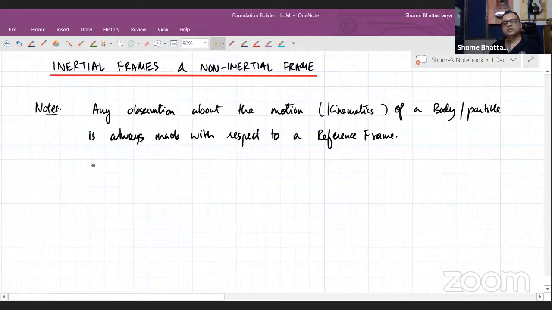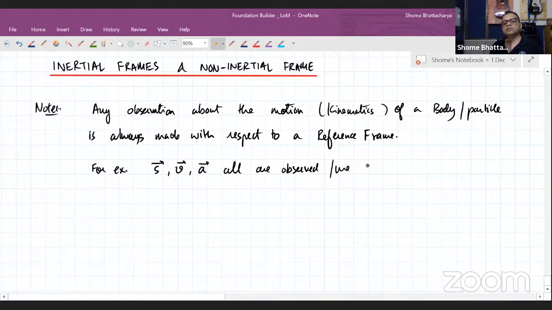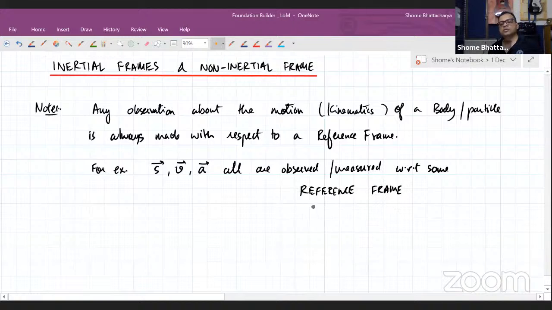So for example, the displacement, velocity, acceleration, etc., all are observed or measured with respect to some reference frame. So a reference frame is nothing but a system of coordinate axis.